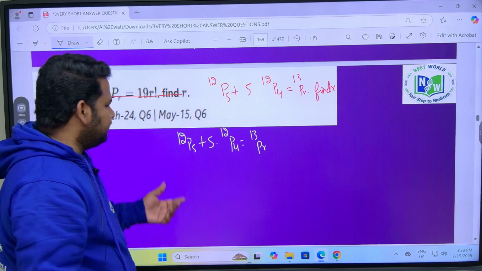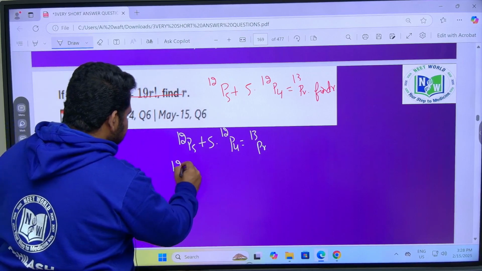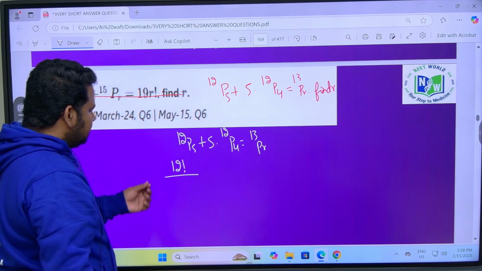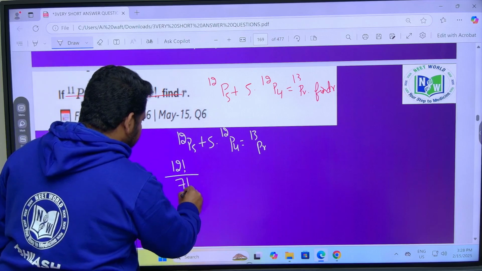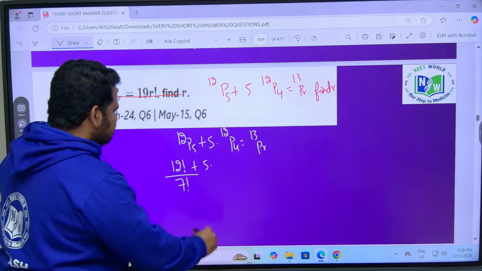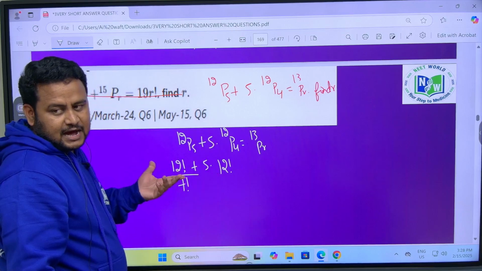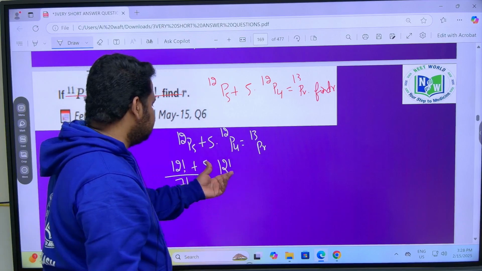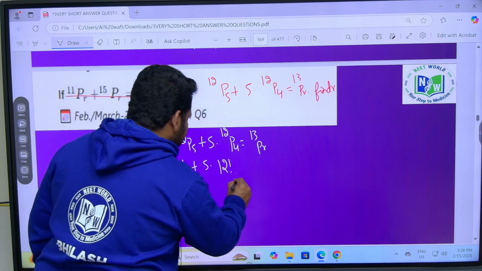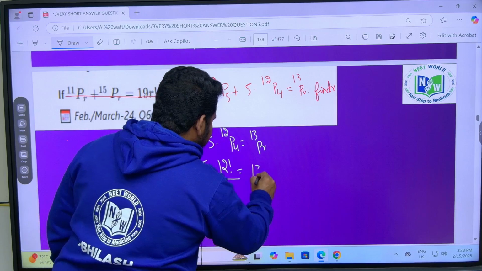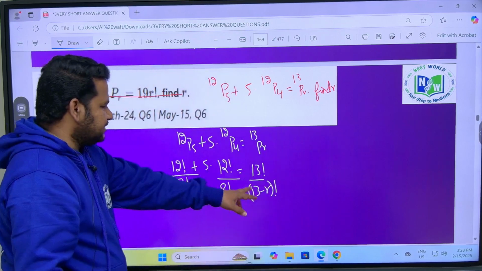By using the property of permutation, nPr is equal to n factorial divided by n minus r factorial. So 12P5 can be written as 12 factorial divided by 12 minus 5, which is 7 factorial, plus 5 times 12 factorial divided by 12 minus 4, which is 8 factorial, equal to 13 factorial divided by 13 minus r factorial.